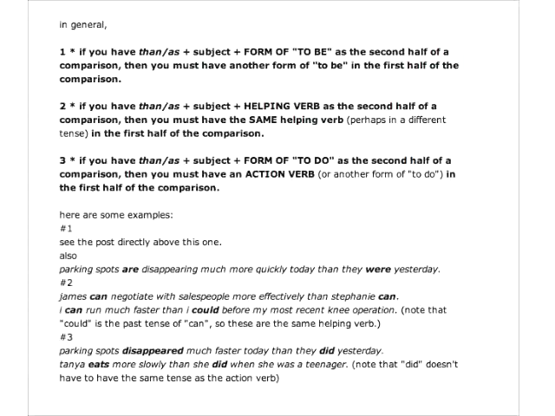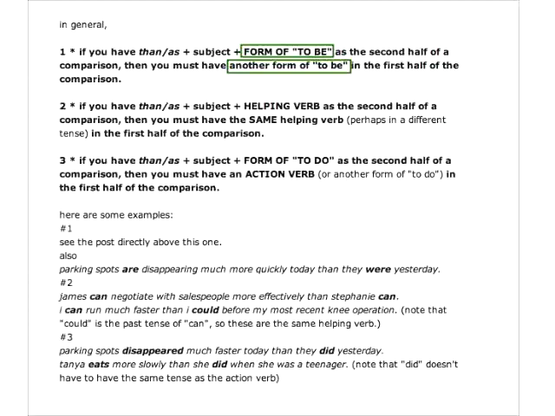Here's how this works. It should show up on your screen in about 10 seconds, maybe 5 seconds. Okay, it's on most of your screens already. So if you have a form of 2b in the second half of a comparison, then it must be another form of 2b in the first half of the comparison.